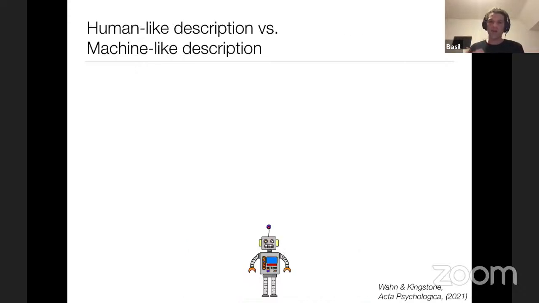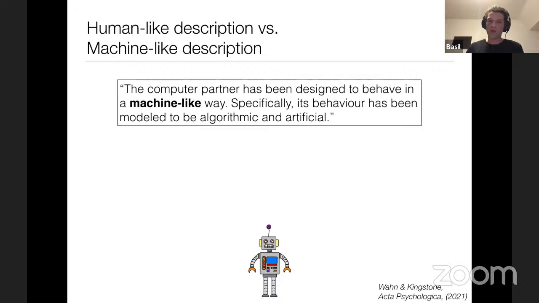What we varied here are two factors. One factor was the description of the computer partner that participants received prior to doing the multiple object tracking task together with the computer. One description was machine-like. So we told participants the computer has been designed to behave in a machine-like way. Specifically, its behavior has been modeled to be algorithmic and artificial.